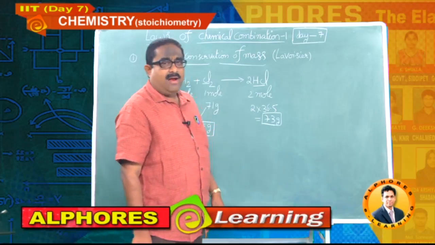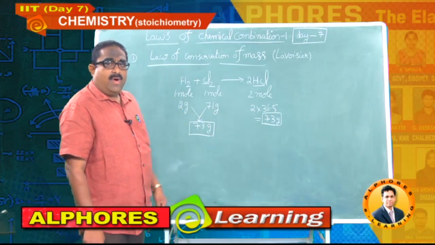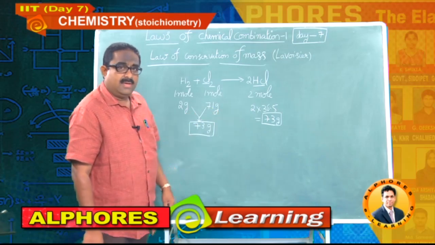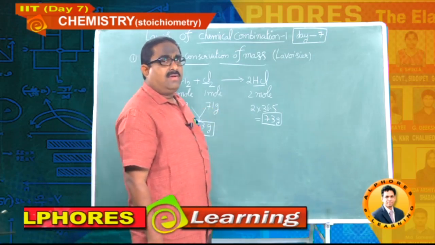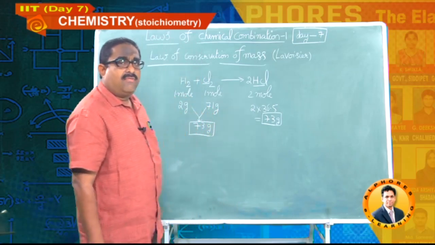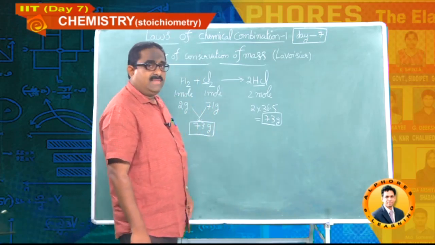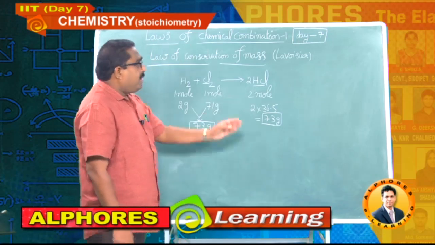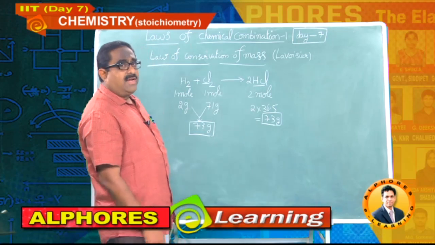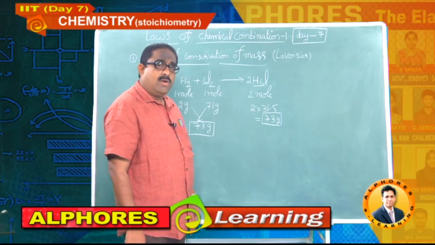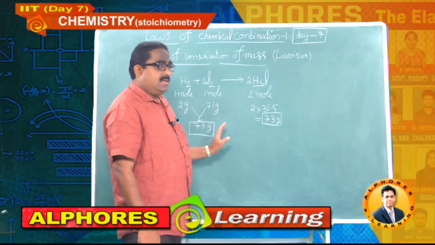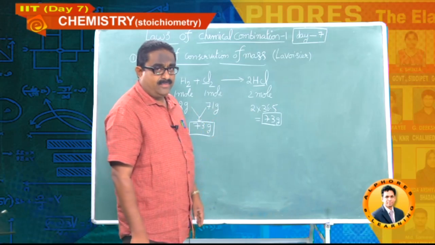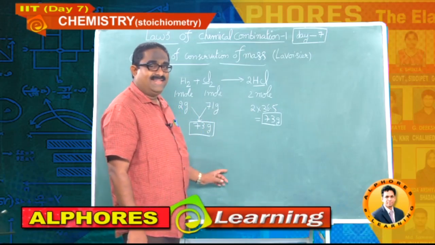Because while a nuclear reaction is going on, some mass is dissipated in the form of energy. That's why you are not supposed to apply the law of conservation of mass to nuclear reactions; it should be applicable to chemical reactions. Okay, students? Right.